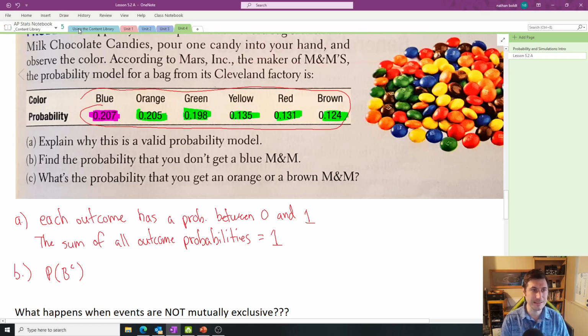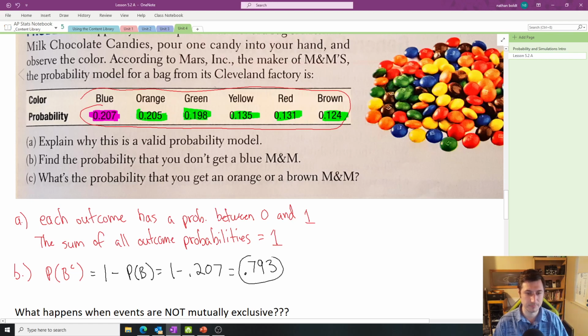Whichever is easier in your eyes to do. I'm going to use the complement rule. This will equal 1 minus the probability of blue. So that will be 1 minus 0.207, which is equal to 0.793, I believe, is our probability there.